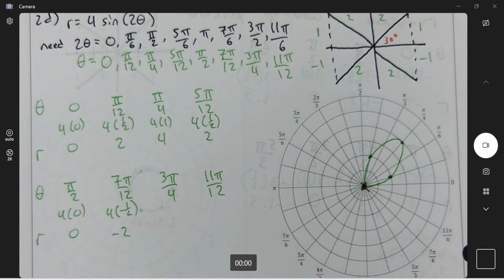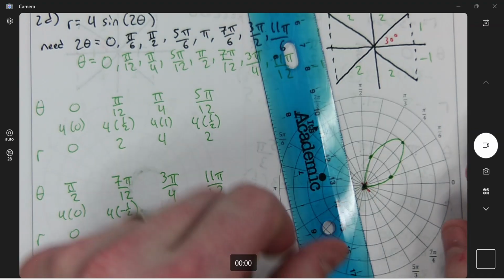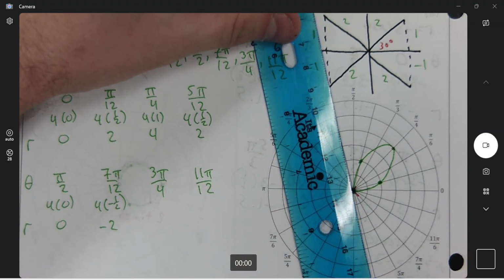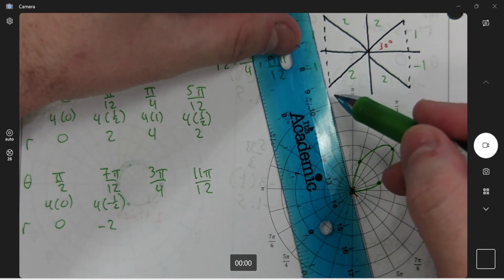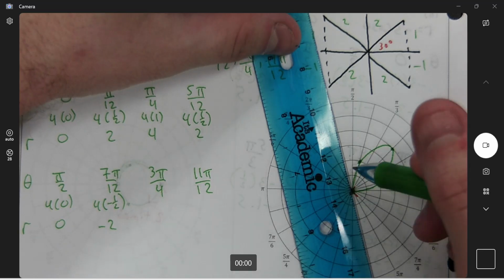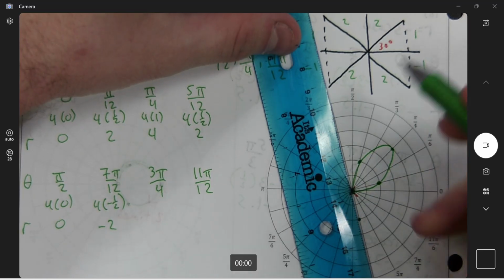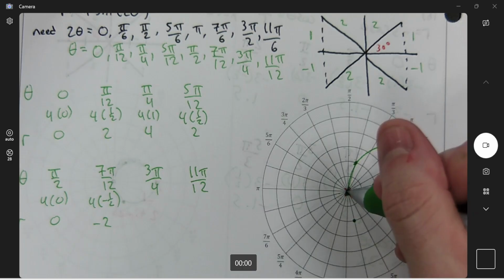Okay, so I'm not very good at seeing where it reflects over to, so I'm using my straight edge to show me that. That is the 7 pi over 12. Negative radius puts me over here. So I've now done this. When I came back through the pole, I did that.